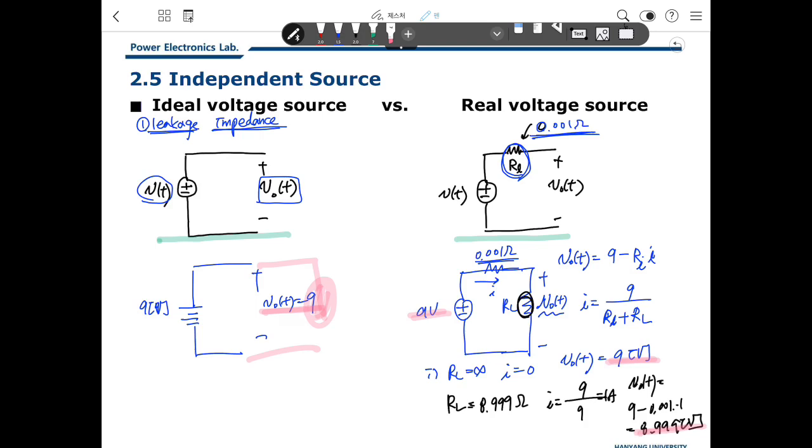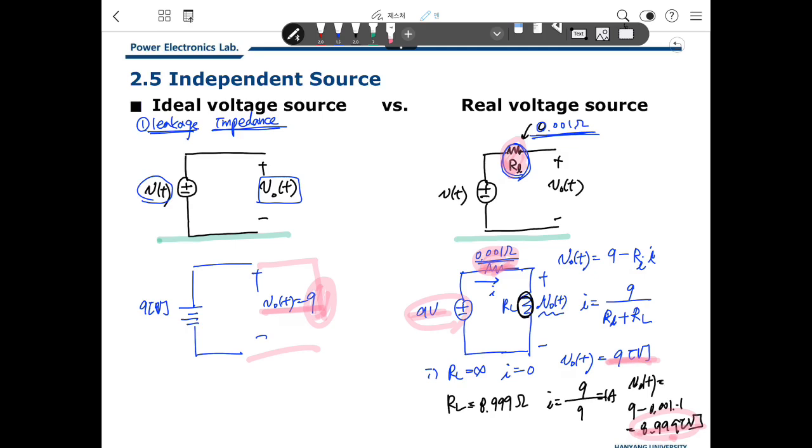This is smaller than 9 volts. Why? Because of this leakage impedance. So in a real battery, the voltage is dropped by leakage impedance in this way. The smaller the value of leakage impedance, the more the voltage source is like an ideal voltage source.